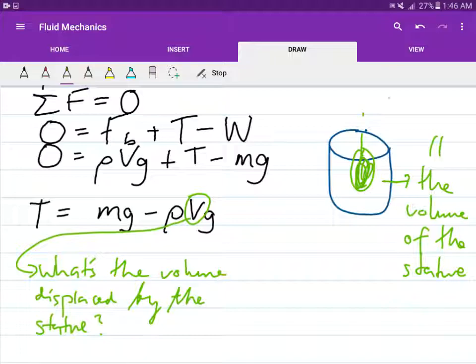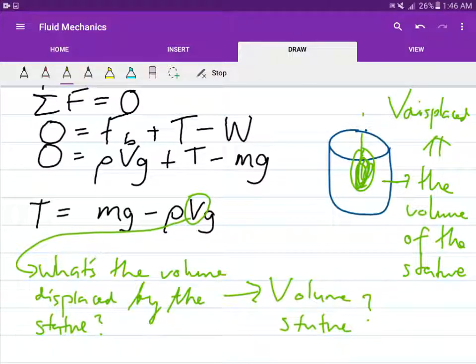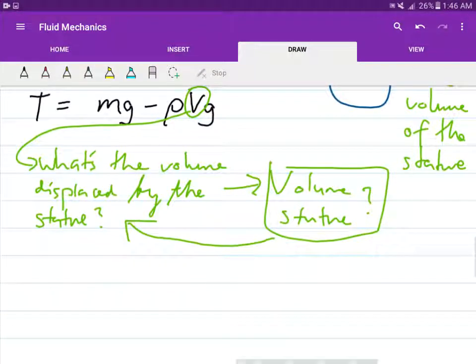So this is equal to volume displaced. Now, this reduces to the problem of what is the volume of the statue? Because if we know the volume of the statue, we will know by how much volume is displaced in the water.